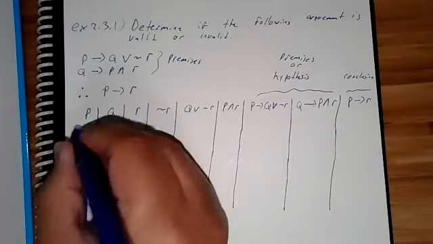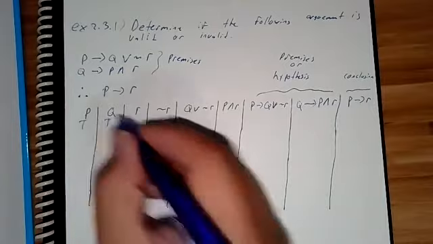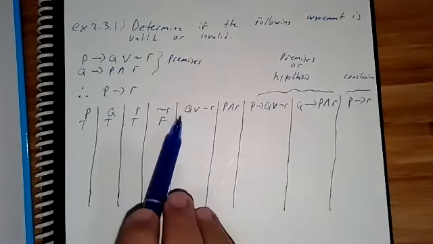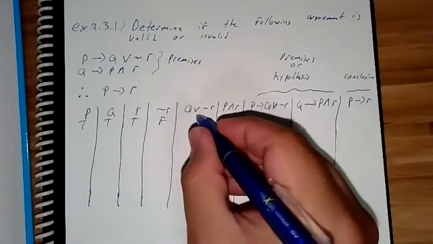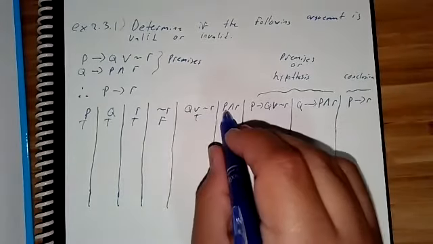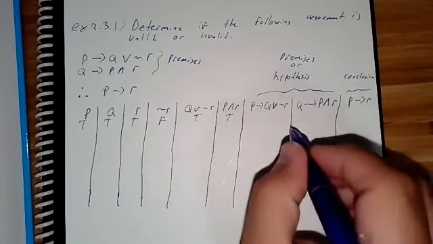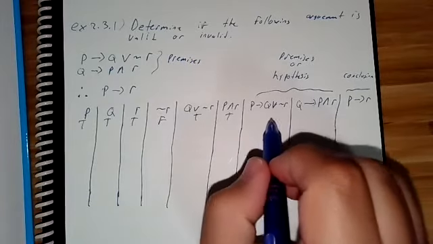So let's go through the combinations. If they're all true, this should be false, right? True or false is true. True and true is true. Now we can answer these.